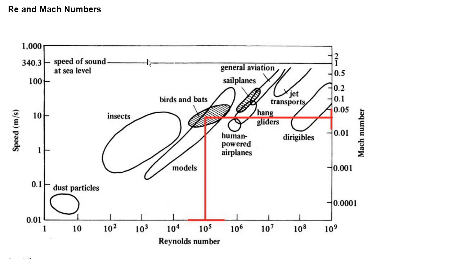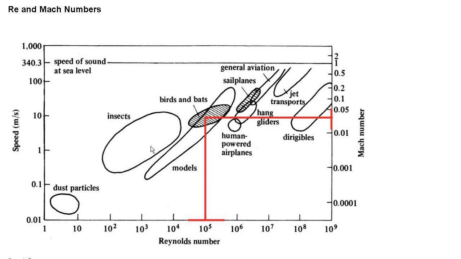I have this beautiful graph I have borrowed from someone. I have to make a remark that I have a background in aerospace engineering of only a few weeks, so I heavily borrowed material from other people. This graph is from some book, I guess, and from here we can see that different flying objects have different numbers.